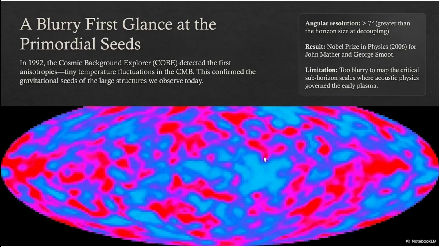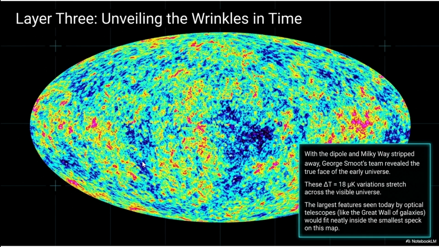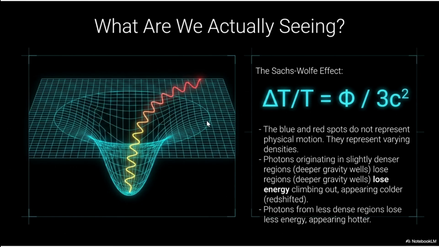In order to assess those things, we need higher angular resolution to really be able to distinguish between the hot spots and the cold spots. And with time, we have launched additional missions, and we have found much more clearly the expected around 18 microkelvin variations forming large scale structures.